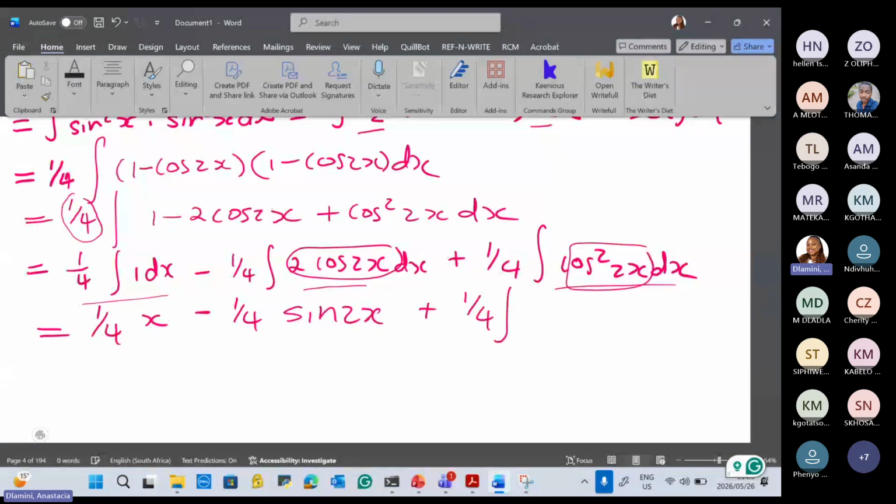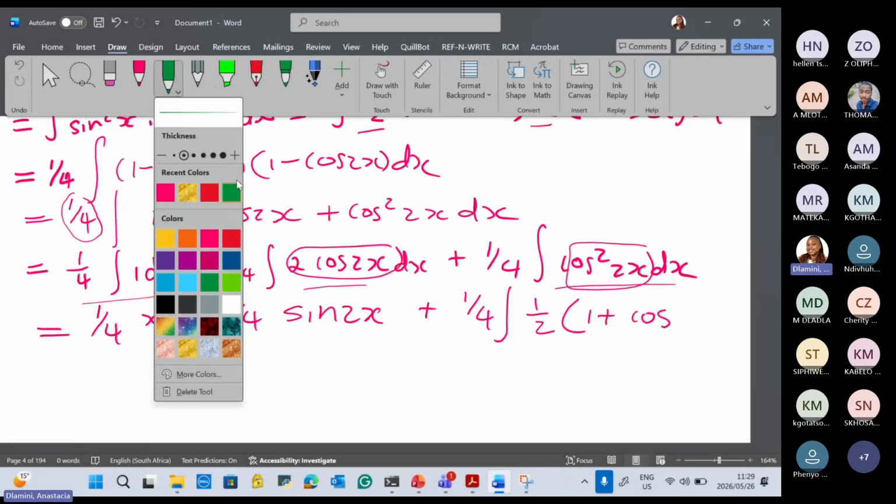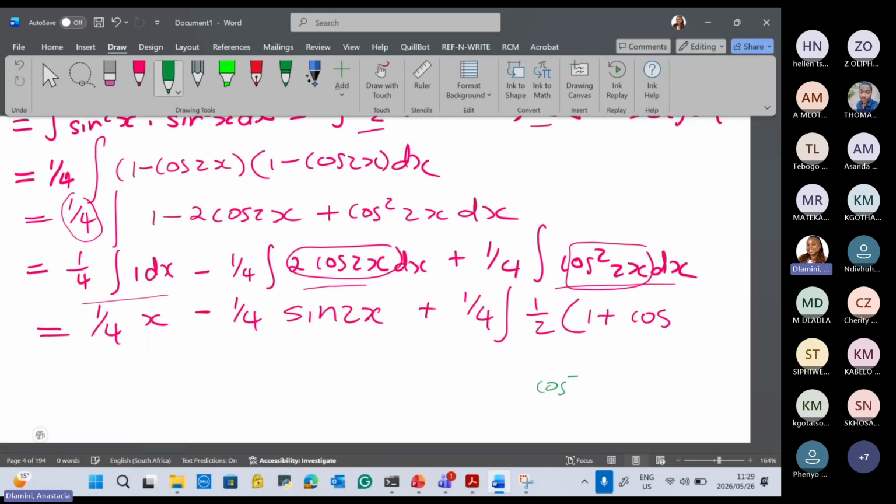Now let's replace this with the identity. So it'll be 1/2, open bracket, 1 plus cos 2x. Remember, initially we had cos squared x is equal to 1/2, 1 plus cos 2x.